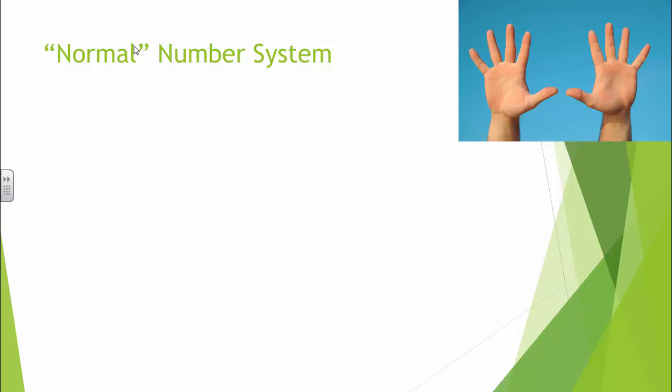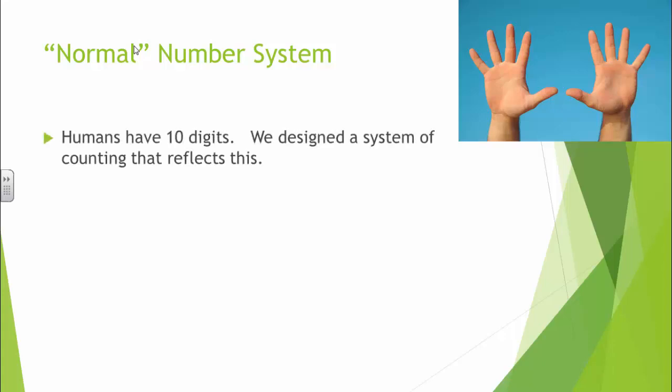So, as we begin our discussion, we can talk about what a normal number system is, what the decimal system is. Because we evolved to have 2 hands and 5 digits on each hand, we designed a system of counting that reflected this.